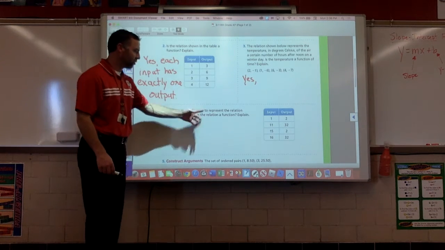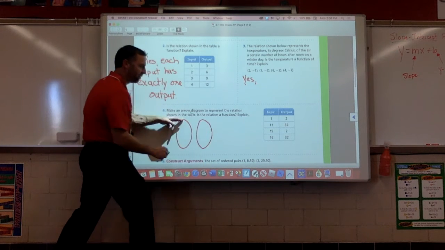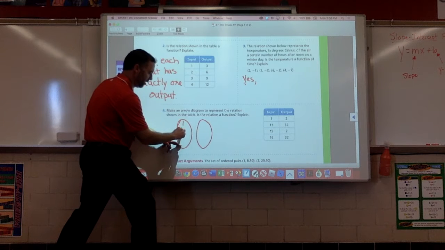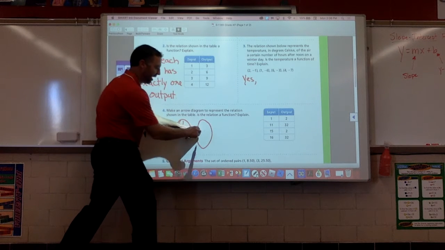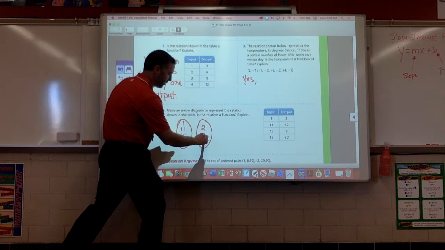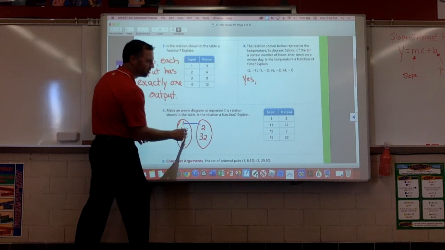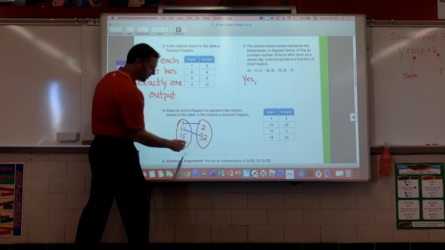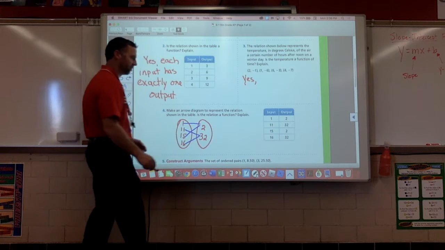Number 4, make an arrow diagram to represent this relation. Input values go here: 1, 11, 15, 16. Output values: I got a 2 and I got a 32. And I connect 1 with the 2, 11 with the 32, 15 with the 2, 16 with the 32.